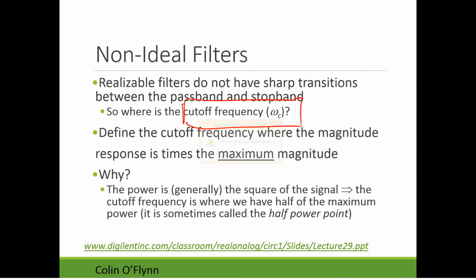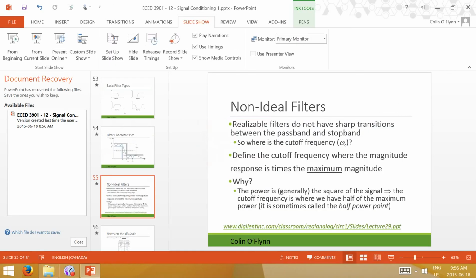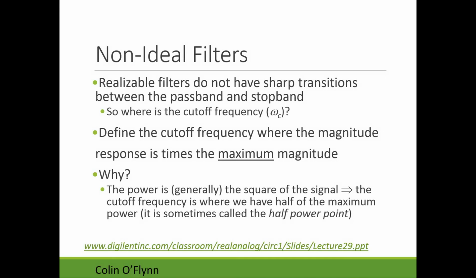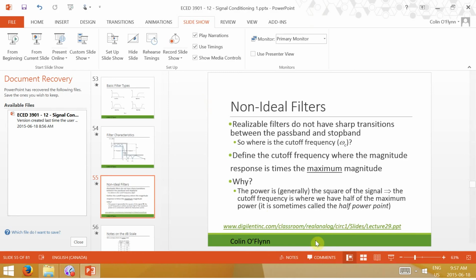One second, something disappeared from my slides here. Okay. Well, basically, we define the cutoff frequency as a ratio of the regular magnitude. Yeah, this won't make sense without the slide. Let me just grab this here.